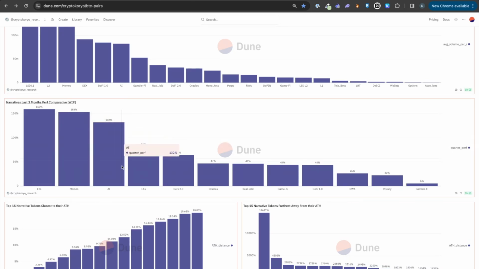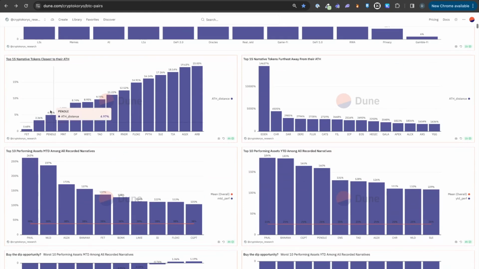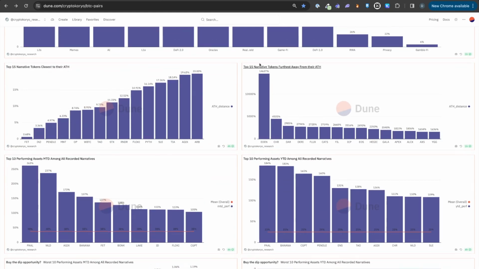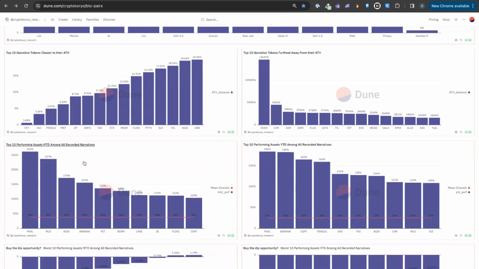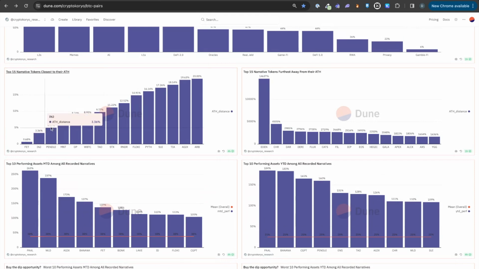Now, we come to this section where we are actually talking about tokens and what tokens are performing better. So these are again all narrative based tokens, and here you can see the projects that are close to their all-time high. I will go a bit faster here because it's pretty obvious what it is, but I will still mention why it's important and how you can use it.